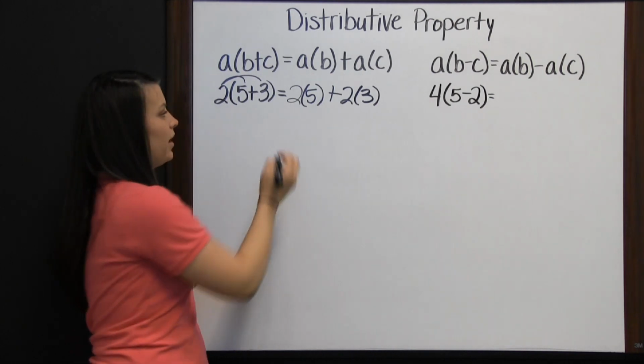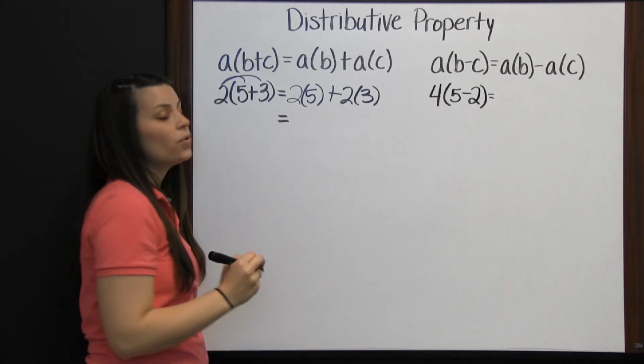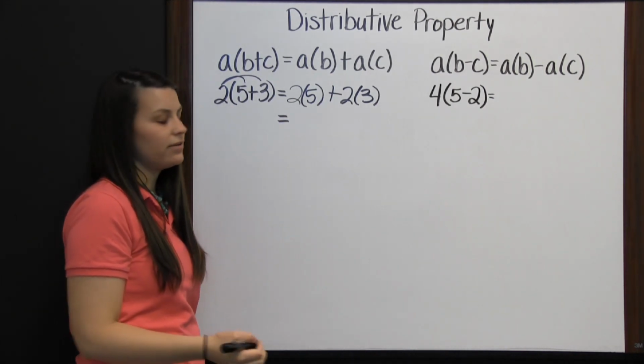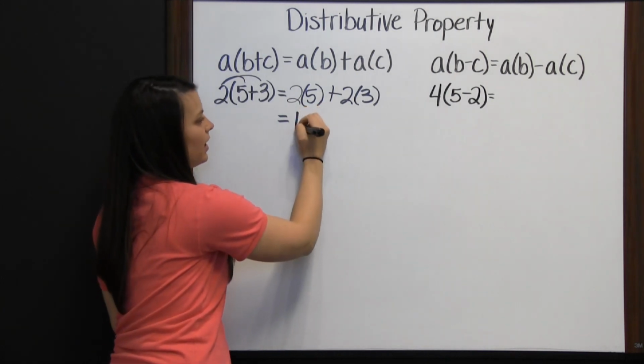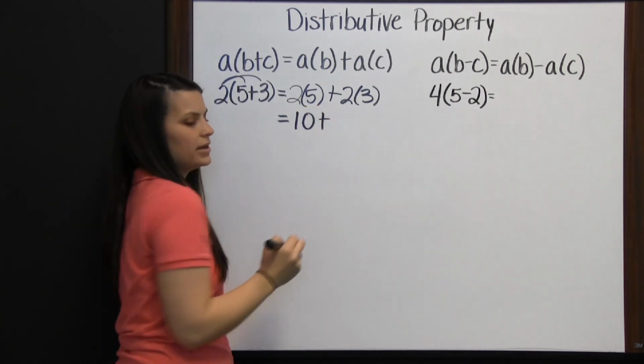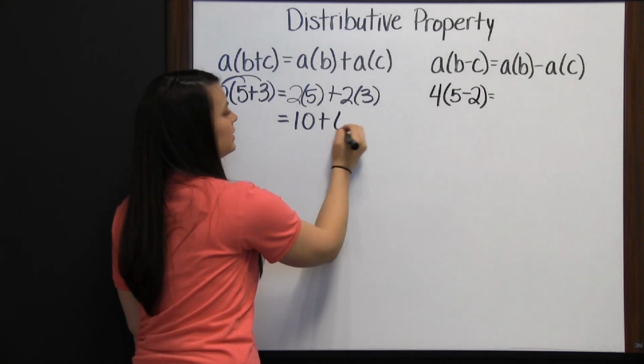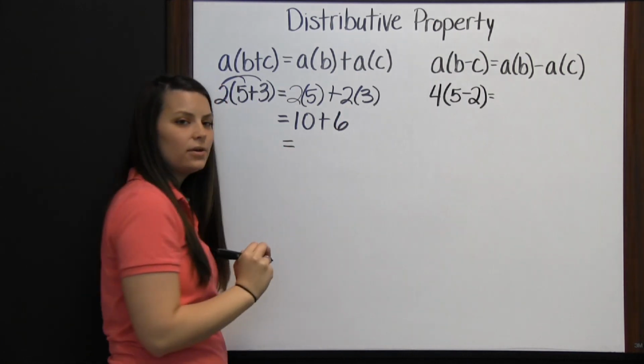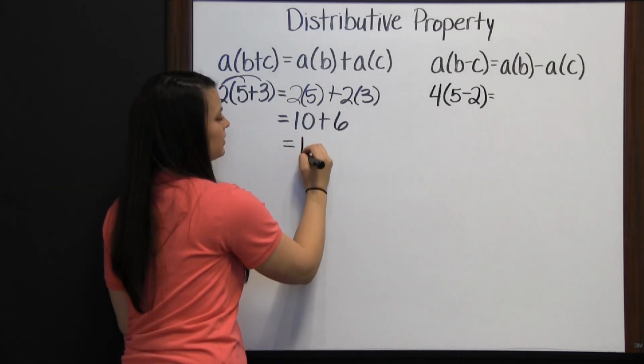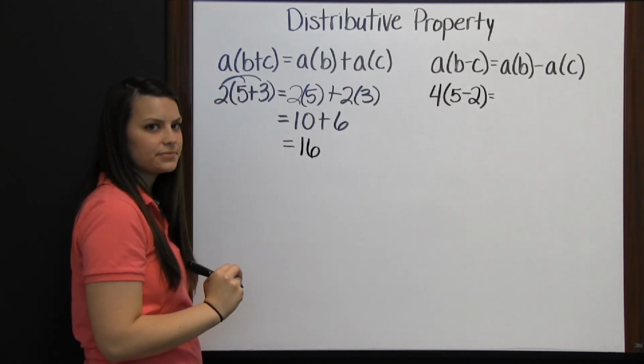Then we would simplify. According to PEMDAS, we need to multiply first. So 2 times 5 is 10, plus 2 times 3 is 6. Finally, we combine 10 plus 6 for 16.